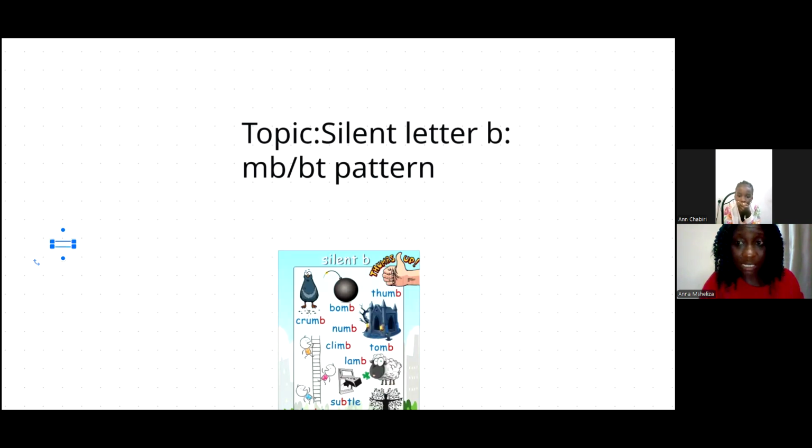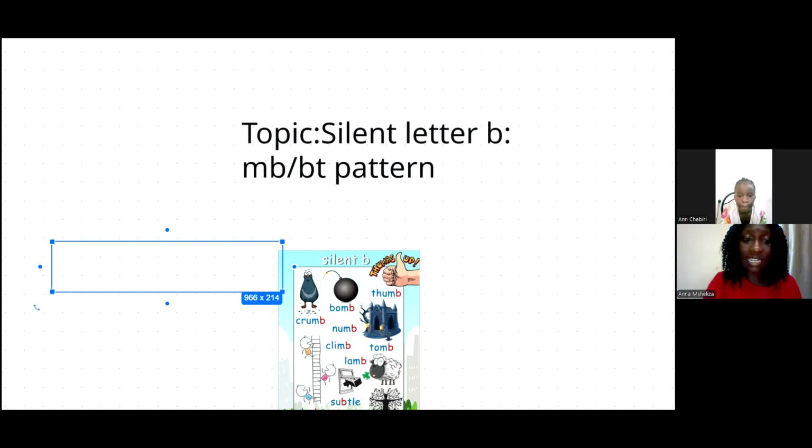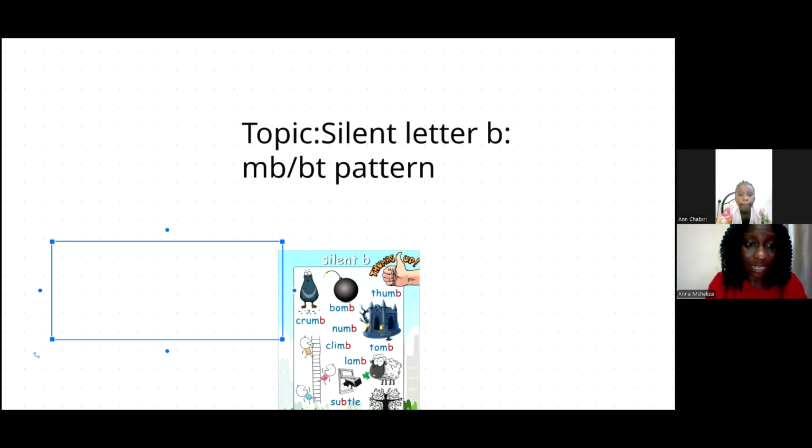Can you see it? Yes. Okay, so this B is silent. You say debt without the B. The B is also silent in the word doubt. You don't say it with the B, you say doubt.